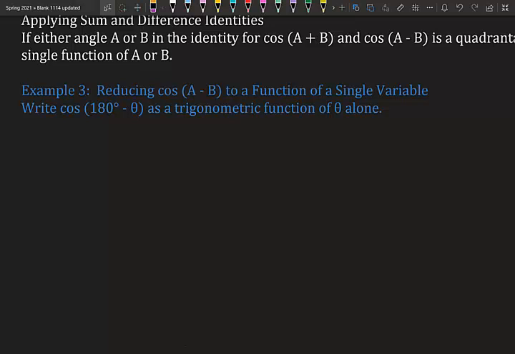Alright, so we're going to write cosine 180 minus theta as a trigonometric function of theta alone. So basically we want to get this all simplified nice and neat. So we have cosine A minus B, because it doesn't matter what A and B are.